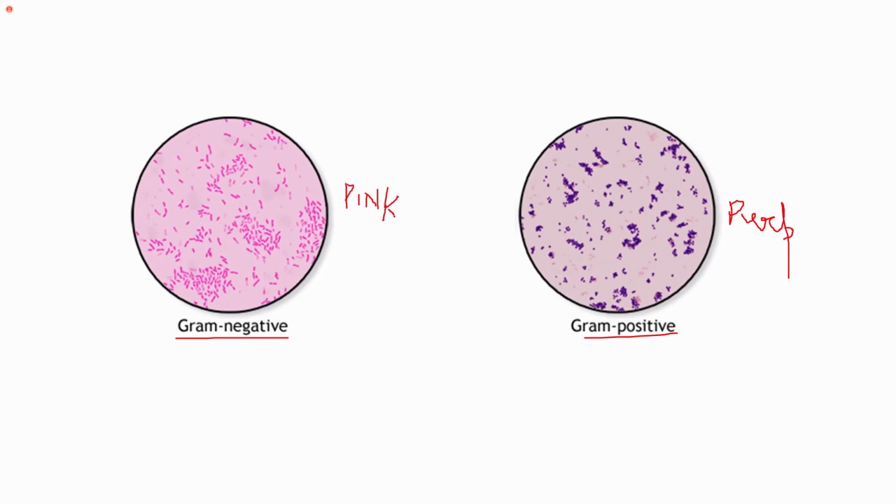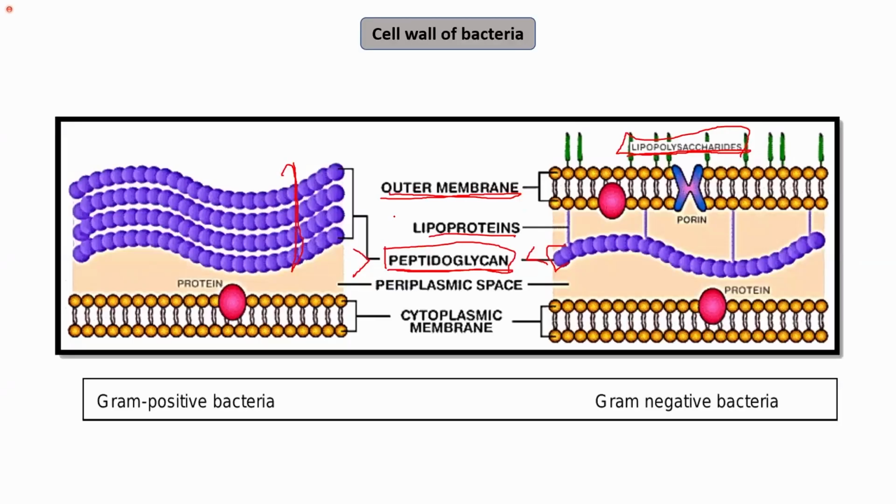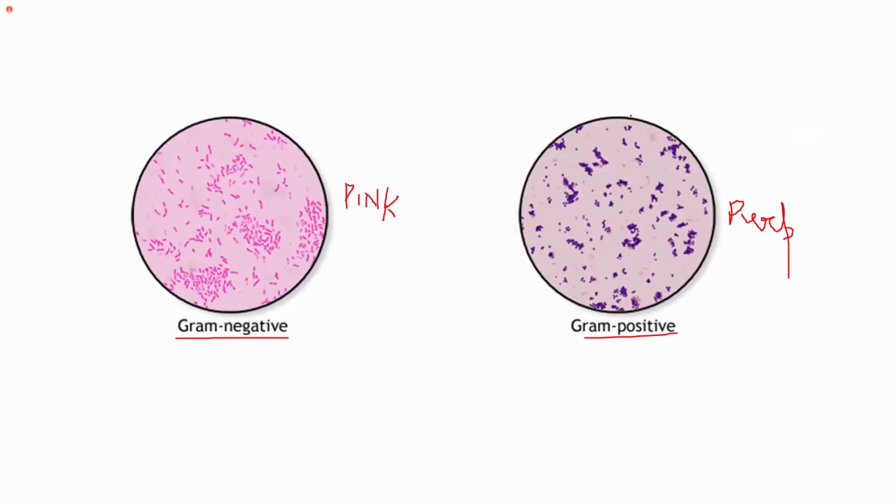This was about the gram-positive and gram-negative bacteria based on their cell wall composition. Their cell wall plays an important role in why the particular bacteria is retaining the particular stain, right? So the peptidoglycan layer is thick in the gram-positive bacteria, therefore it is retaining the crystal violet stain and therefore is appearing purple or violet in color when we visualize it under the microscope, while the gram-negative bacteria is not able to retain the crystal violet stain and therefore appears pink.